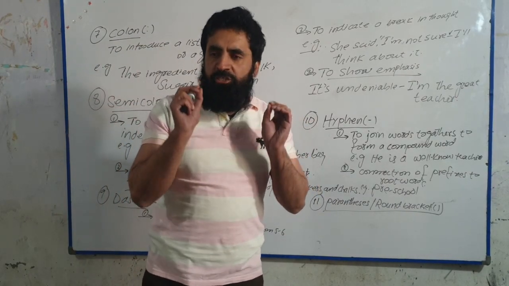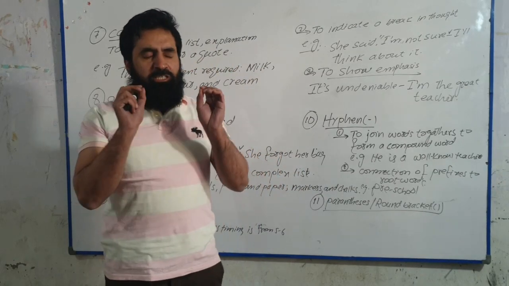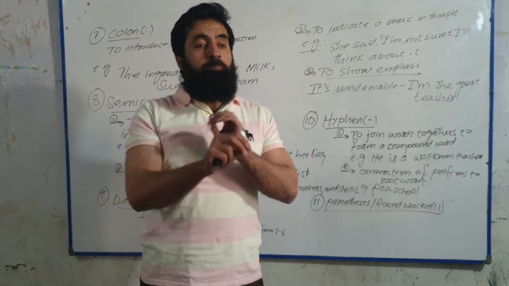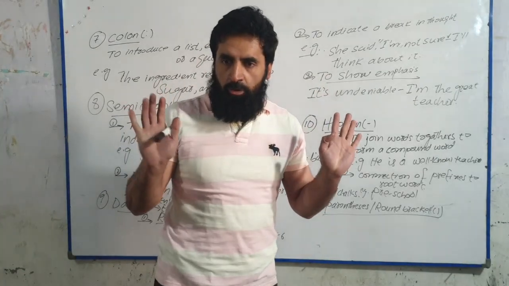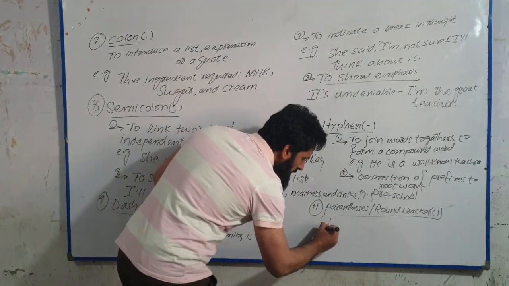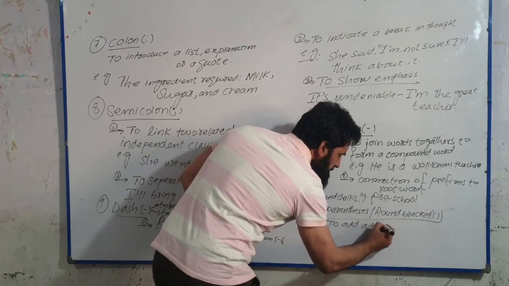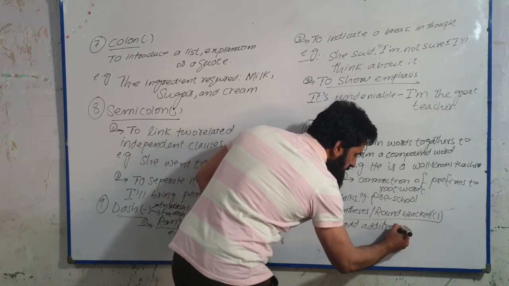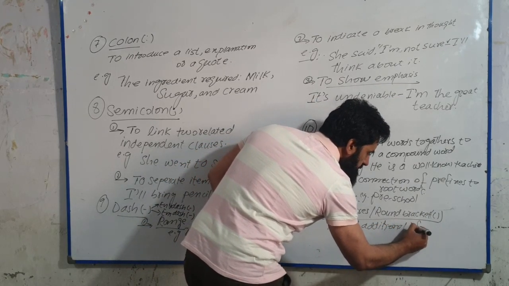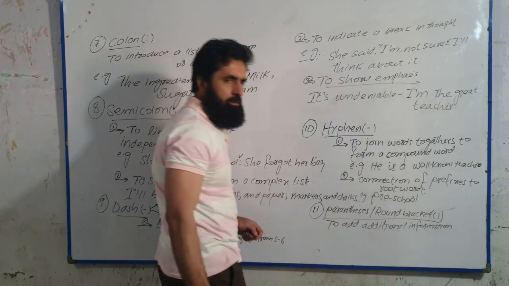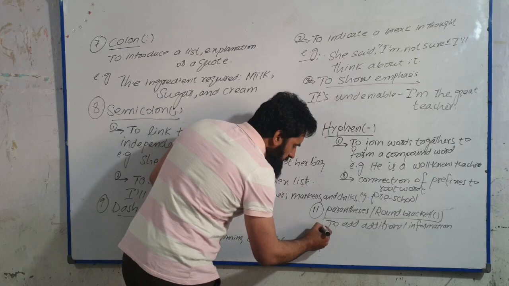To add additional information, additional explanation which is not required, which is not the part of the main sentence. Got it? Let me write it first. To add additional information or explanation. Okay, you can also call explanation as well.